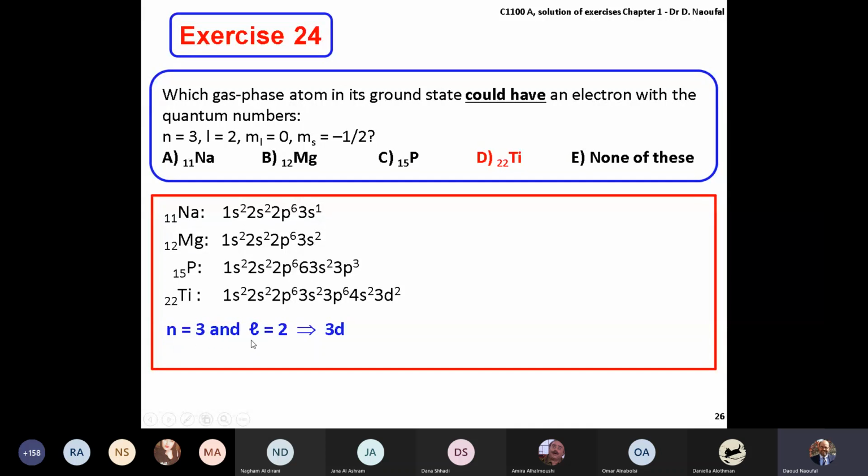So n equal 3 and L equal 2, the notation of the 3d orbital, exists only in titanium. So only titanium could have this electronic configuration, and the correct answer is D.